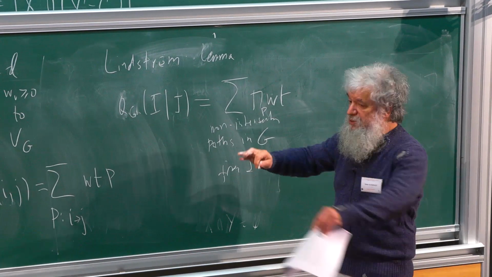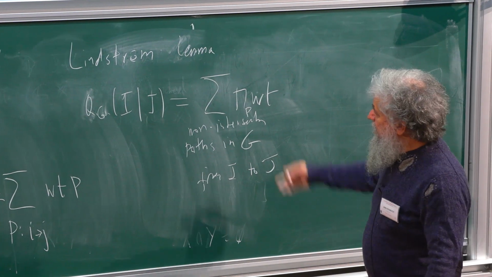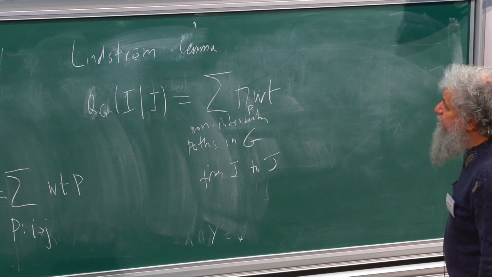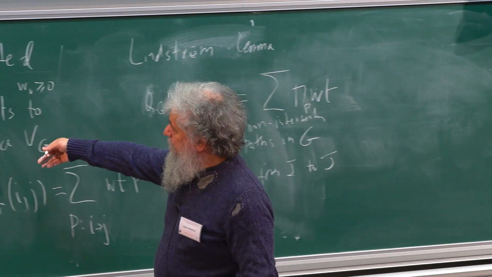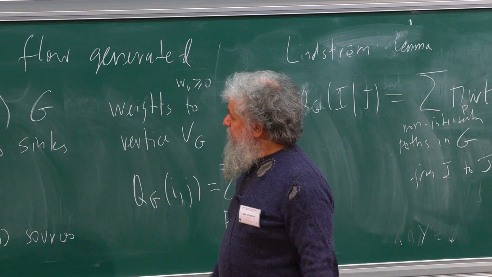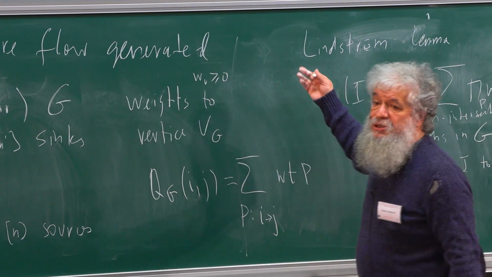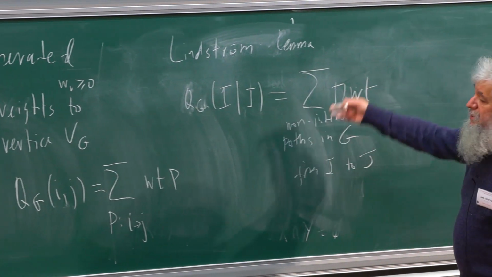So you consider a non-intersecting flow, and from this you immediately get that if you have a flow generated matrix, then you get a totally non-negative matrix.